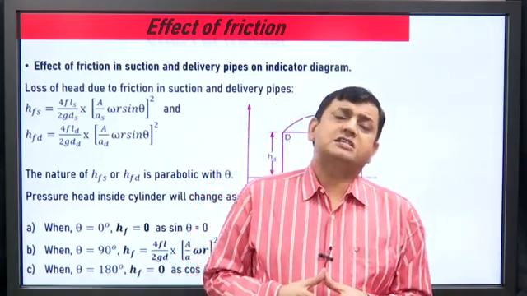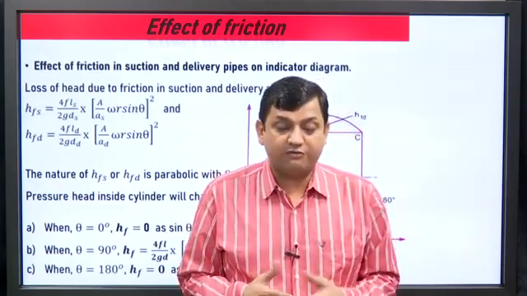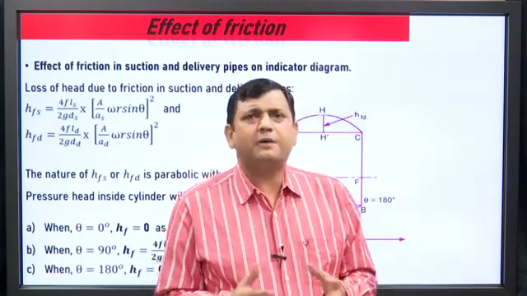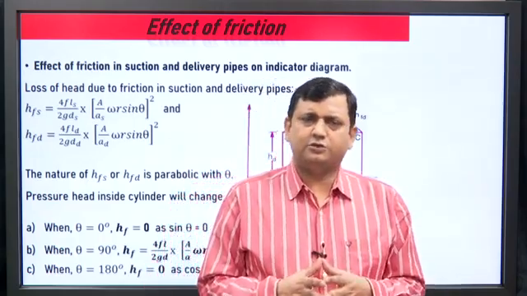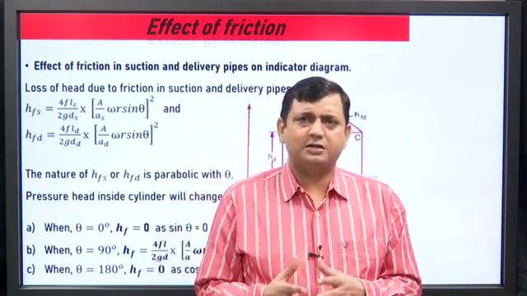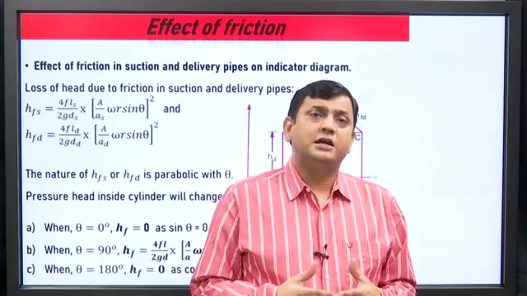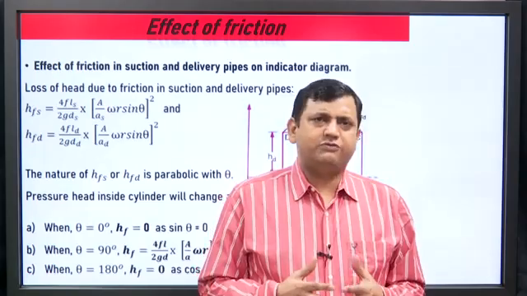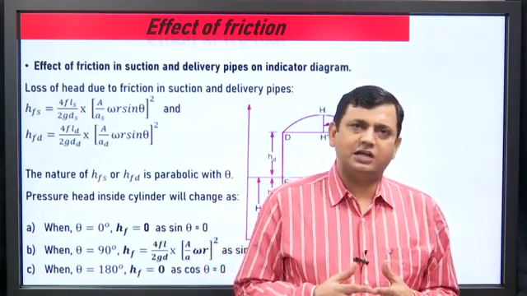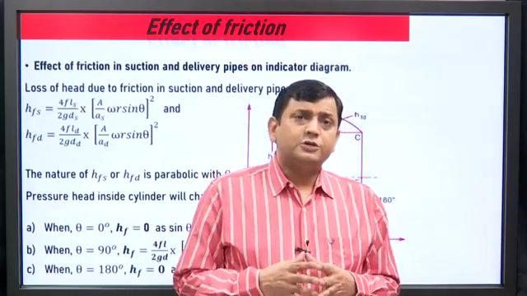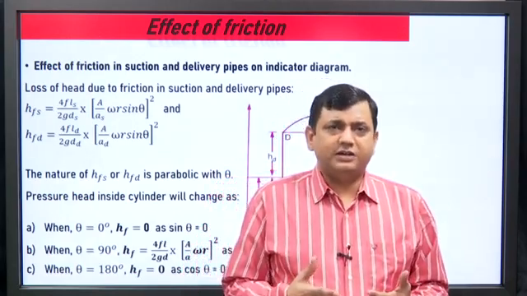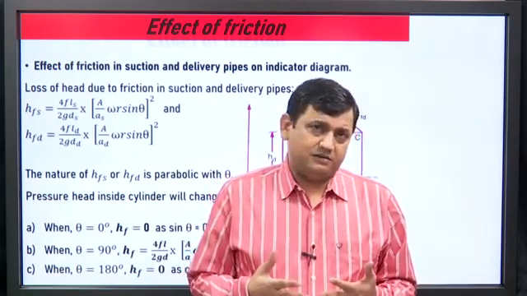Next we discuss the effect of friction. If fluid is flowing in a pipe, we know there are two types of loss, major and minor. The major loss is calculated by the Darcy-Weisbach equation, Hf equal to 4 f L v square upon 2 g d. By this we can calculate Hf as a function of sin theta.